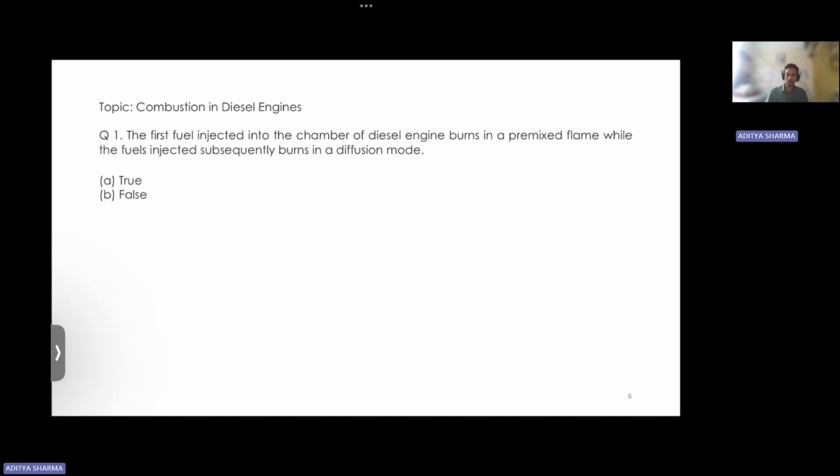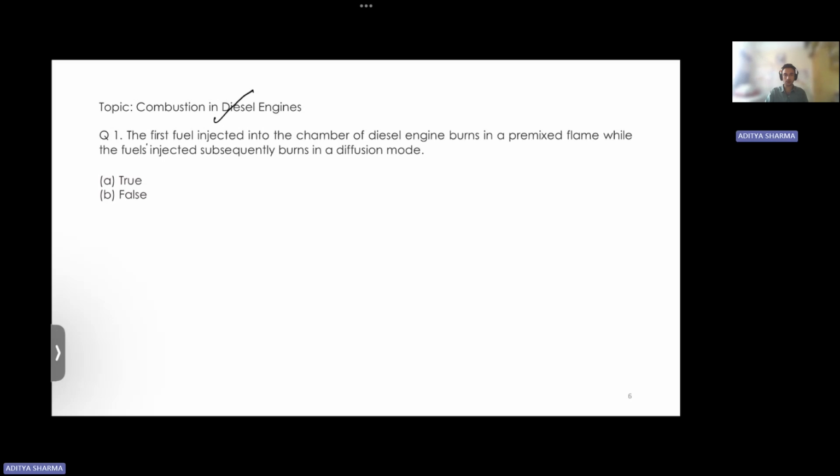Your first question is on combustion in diesel engines, and it says that the first fuel injected into the chamber of a diesel engine burns in a premixed flame while the fuel injected subsequently burns in a diffusion mode.